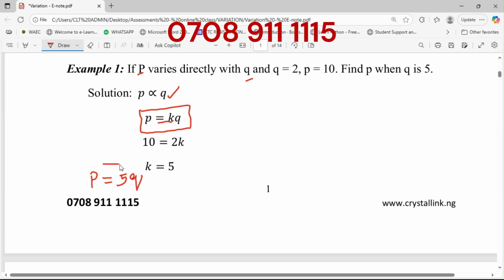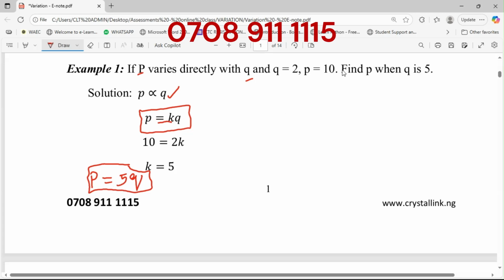This is what is known as the equation of relation, or the equation connecting P and Q. So in simple interpretation, to get the value of P, you multiply Q by 5.